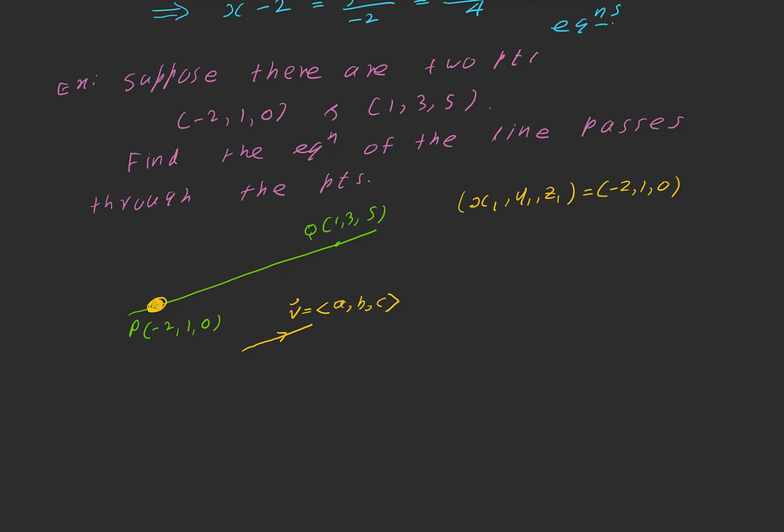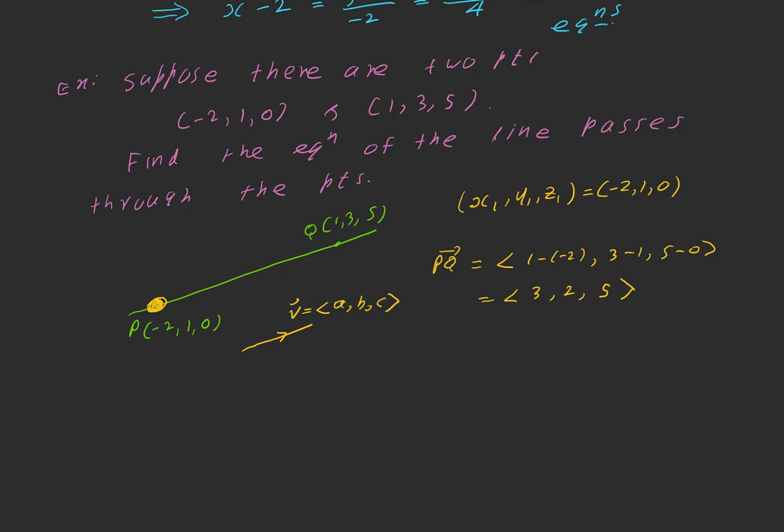Now we need to find the vector v. How do we find the vector v? We know the vector PQ, so let me find it. PQ is 1 minus -2, 3 minus 1, 5 minus 0, so this is 3, 2, 5.